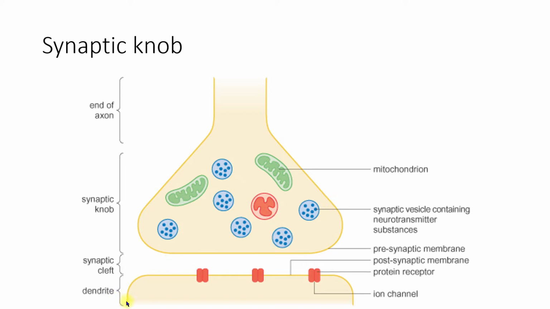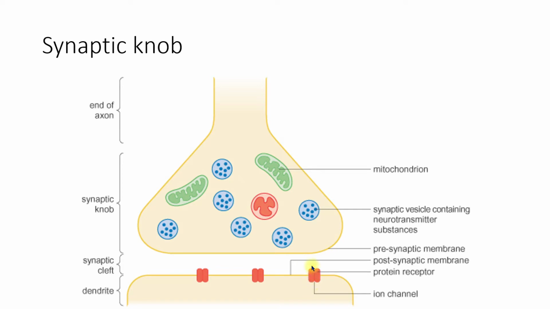And then we have this dendrite of another neuron. This plasma membrane of this subsequent neuron is known as the postsynaptic membrane, and this synaptic knob has the presynaptic membrane. If you look carefully at the postsynaptic membrane, there are many protein receptors that allow the influx or outflow of ions.